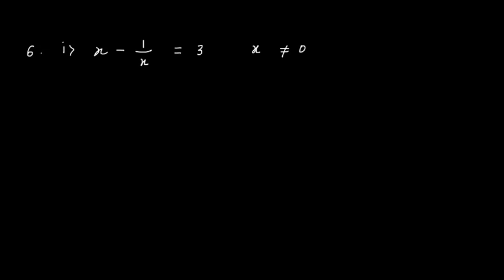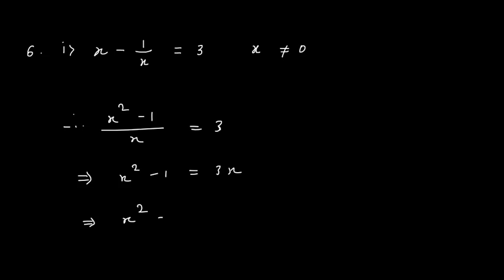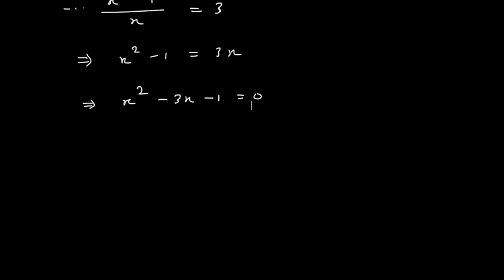So here if we cross multiply, we will get x square minus 1 whole divided by x is equal to 3. This gives x square minus 1 is equal to 3x, and this implies that x square minus 3x minus 1 is equal to 0.